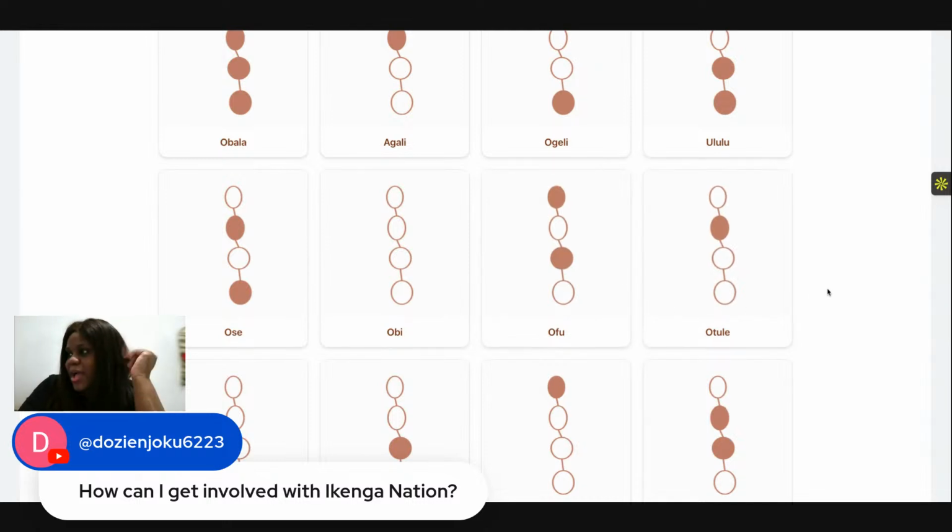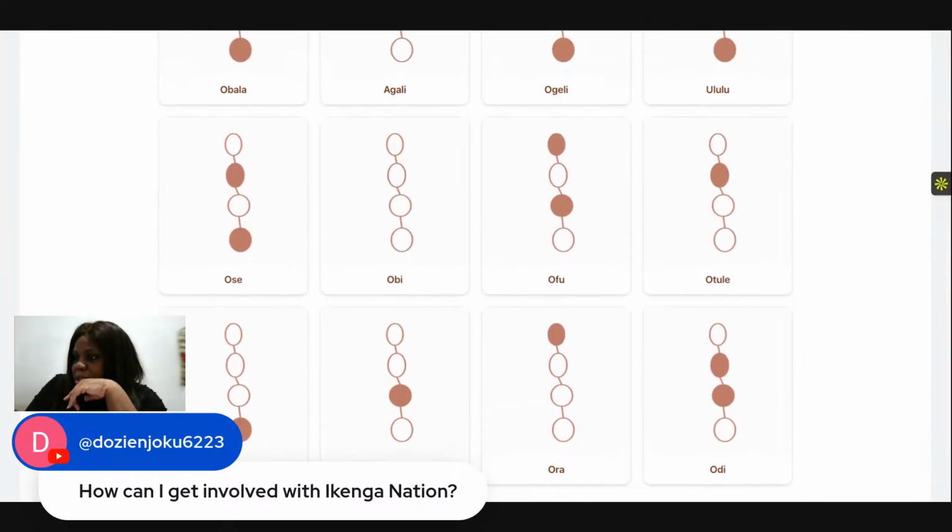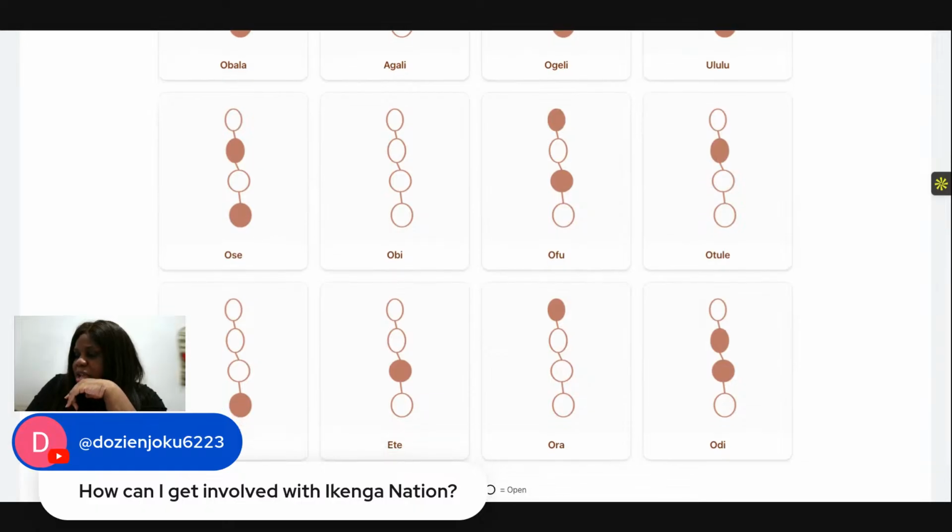Otule is the opposite of Aka. I always remember that one. Ijite. How do I remember Ijite? Oh, Ijite is... gosh, how do I remember Ijite? Ijite and Aura are reverse of each other. Ijite is upside down.